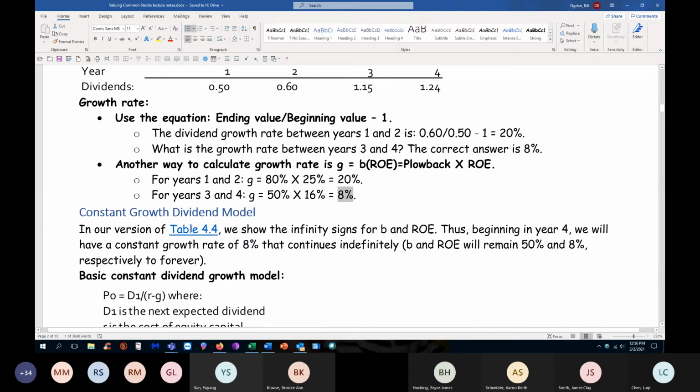Thus, beginning in year 4, you'll have a constant growth rate of 8%. That continues indefinitely. So 50% B and ROE. Oh, no, this is 16. So sorry. Looked right past that, didn't I?